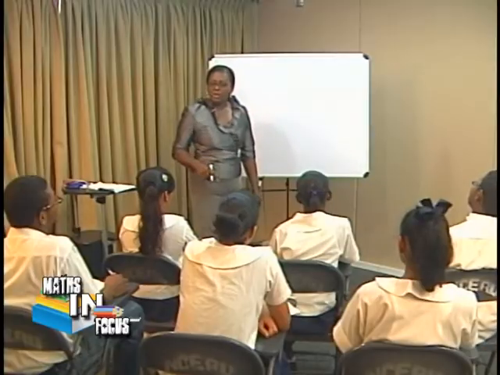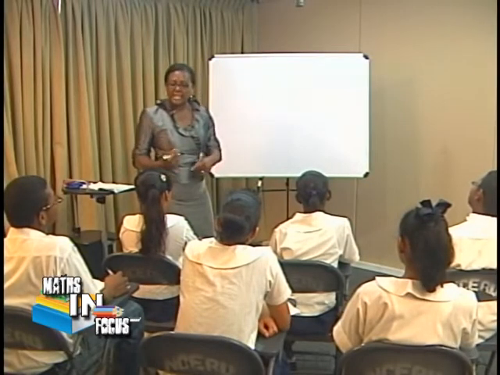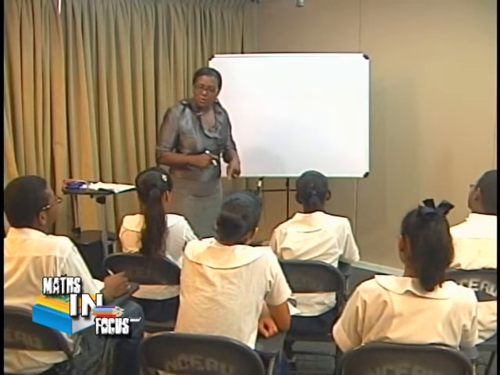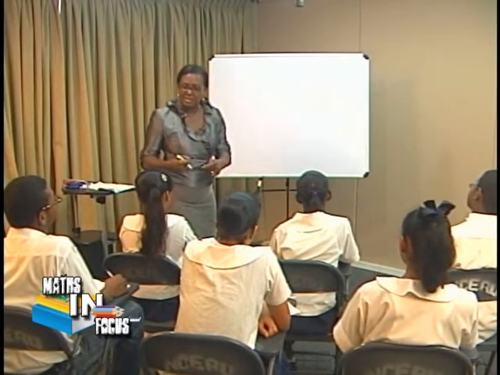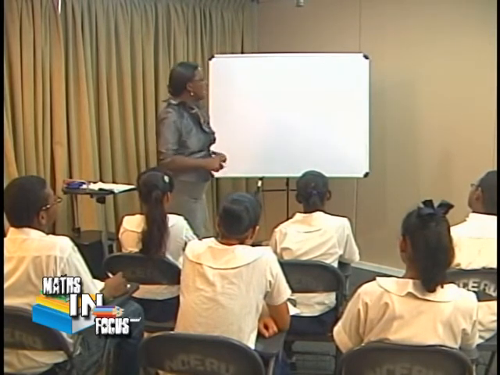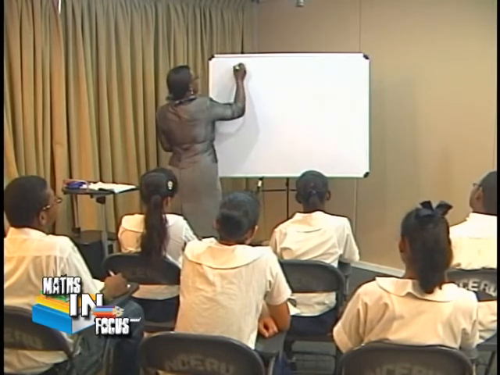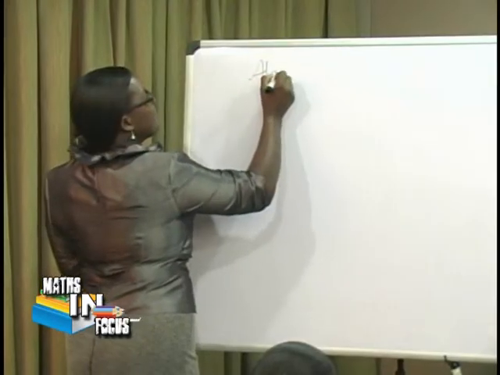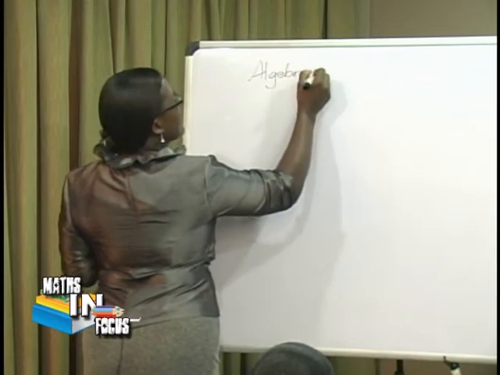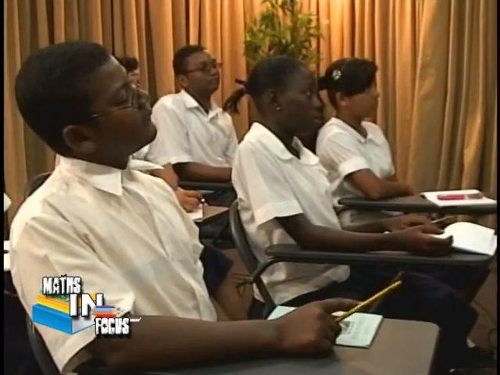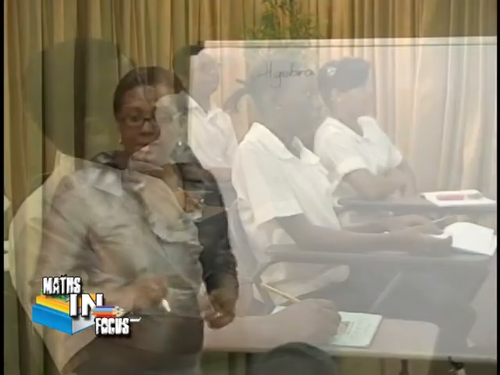Now, over the last couple of lessons, we've been looking at indices, and we'll be using what we did to help us with this lesson. We're still on the topic of algebra. And today, we're going to look at equations that contain indices.